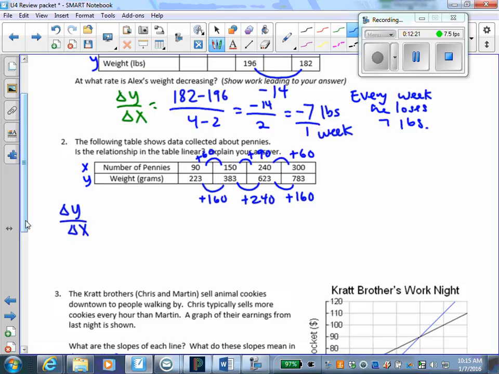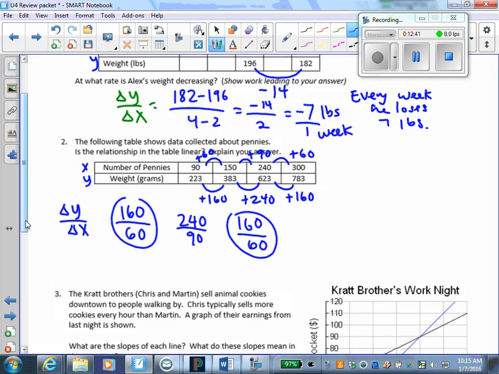So I'm going to write a bunch of fractions and see if they're equivalent. So change in y is 160 when the change in x was 60. Change in y was 240 when the change in x was 90. And then 160 over 60 again, these are the same. I have to see if that's the same as 240 over 90. So if I was to reduce those, or I could even just write it as a decimal, it's 2.6 repeating if I use my calculator. 240 divided by 90 is also 2.6 repeating.